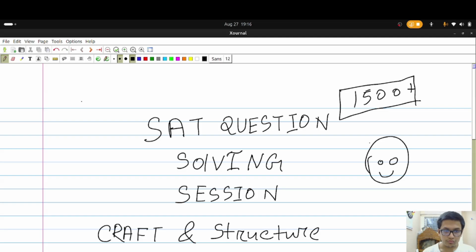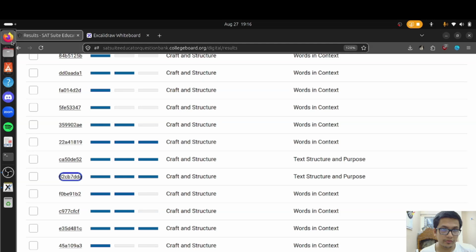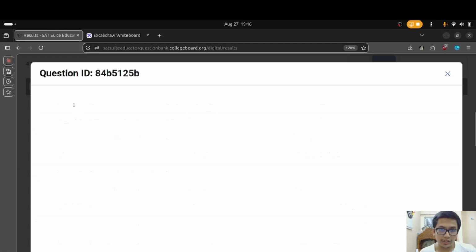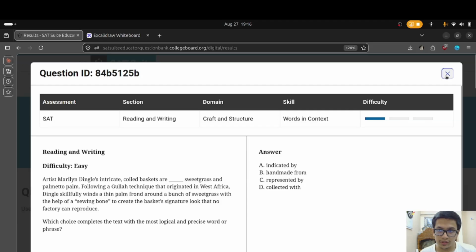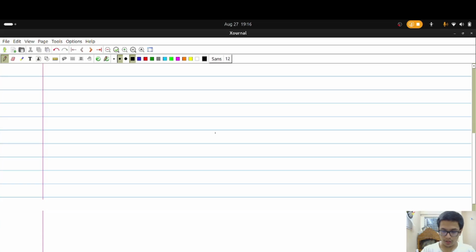So let's go for it. Before I start, there are many types of SAT questions, for example, words in context. Basically, in words in context, they will put a dash in a line and give you multiple options to figure out what could fit.